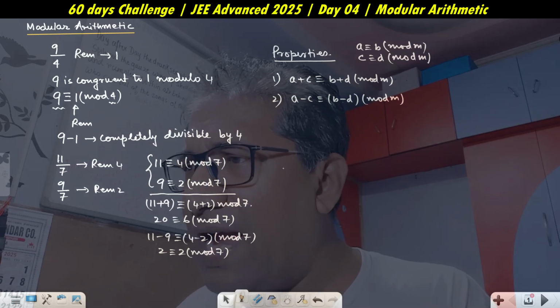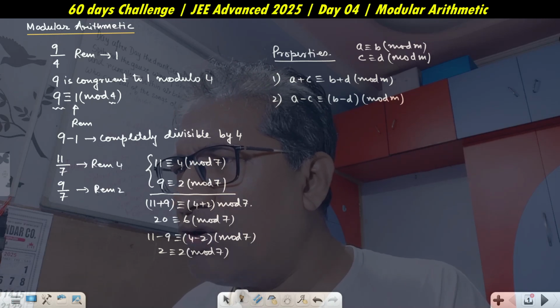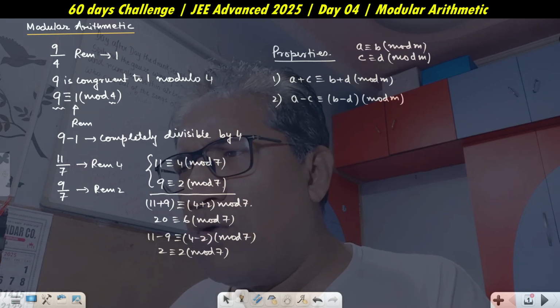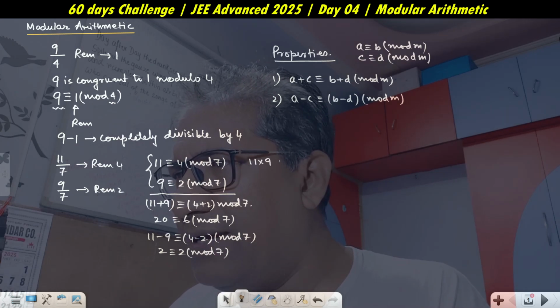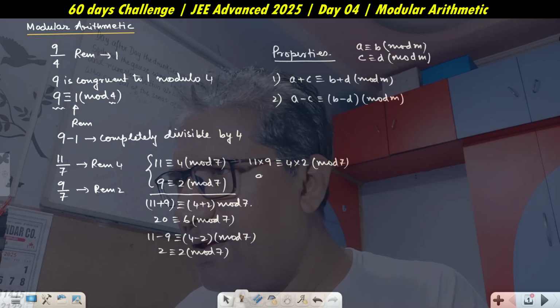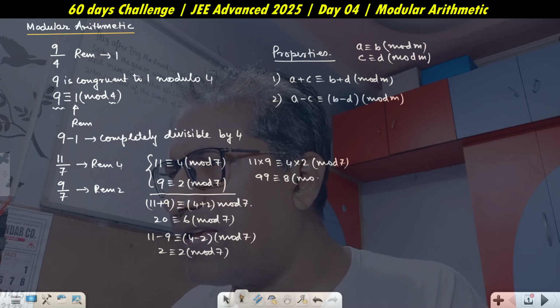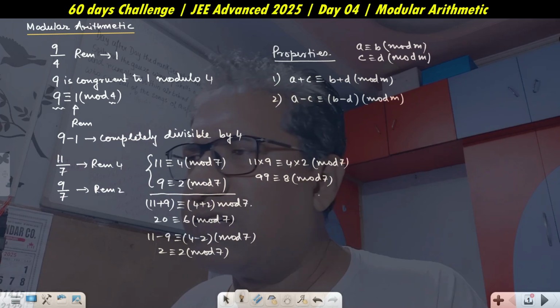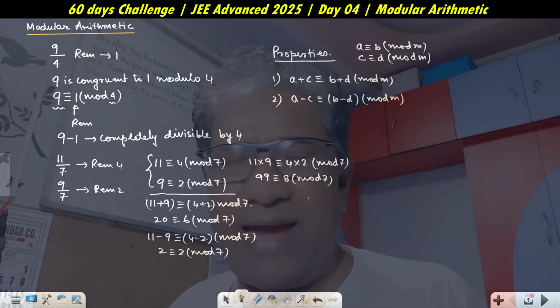What else? Can we multiply both sides? Let us check. 11 is congruent to 4 modulo 7 and 9 is congruent to 2 modulo 7. If we multiply, we have 11 into 9 is congruent to 4 into 2 modulo 7. But is it correct? So 99 is congruent to 8 modulo 7. But when a number is divided by 7, the remainder cannot reach 7, right?